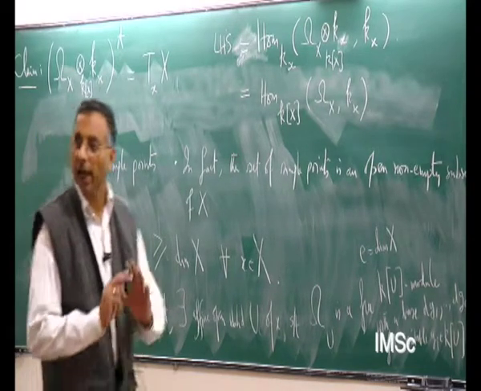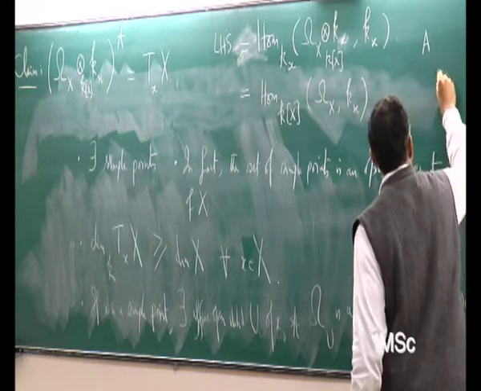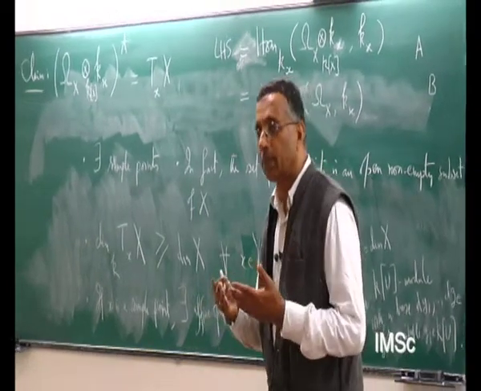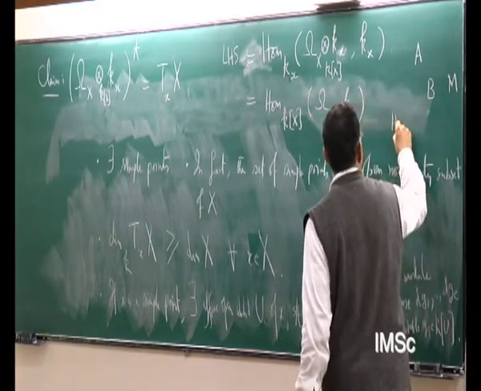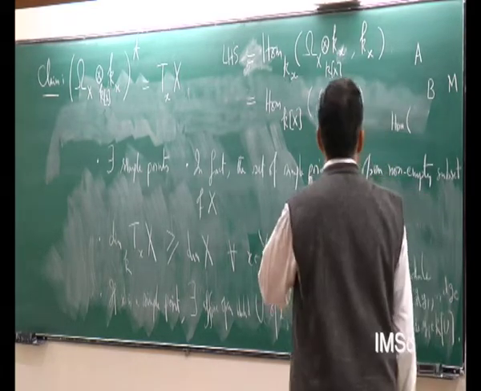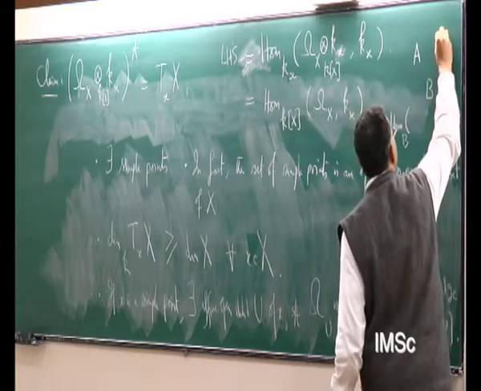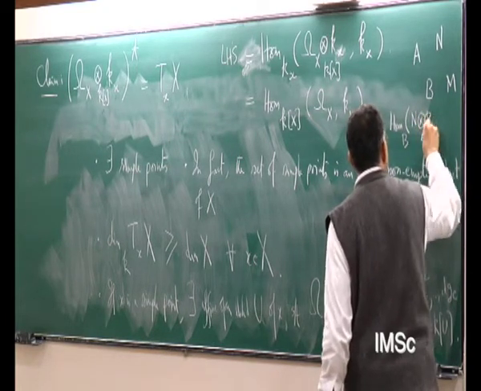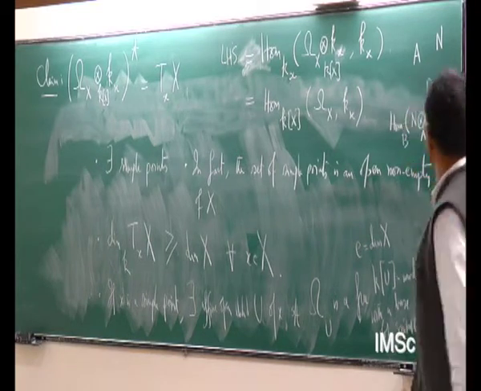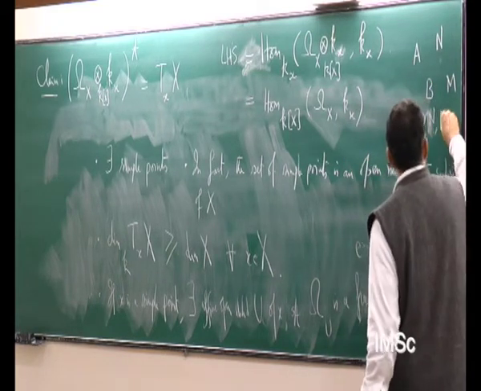The reason being the following. Abstractly, let's say I have an algebra A, all algebras are commutative, and I have another algebra B, and a B module M. I want to look at Hom as B modules of, let's say I have another module N over A. Now I could tensor N with B, so I extend scalars to B and write this.